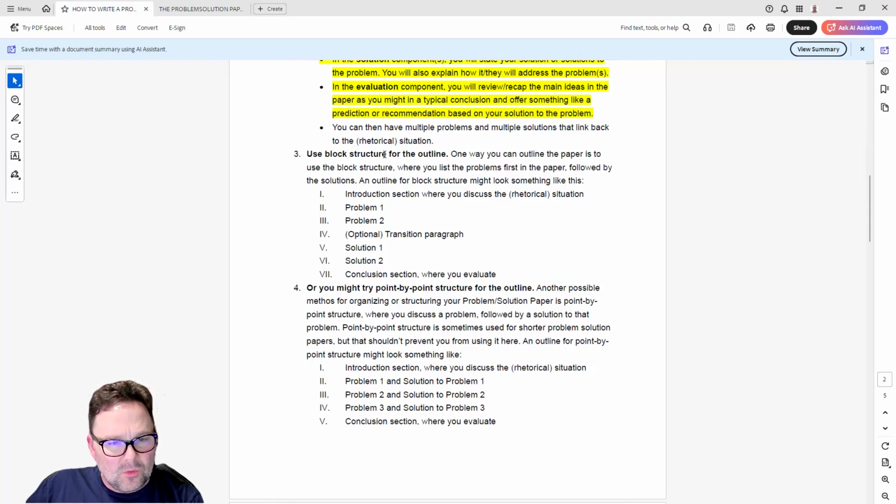One of the ways of looking at it is this so-called block structure, where you will basically have the first chunk or the first block of your paper, maybe after your introduction, maybe the first couple pages, be you composing paragraphs detailing the problem or problems associated with your situation.